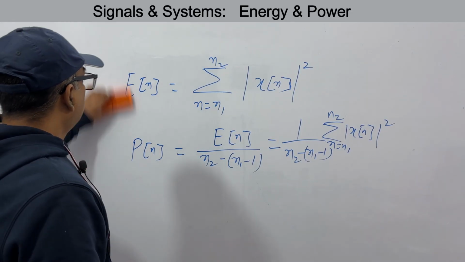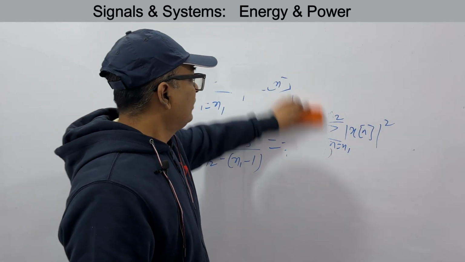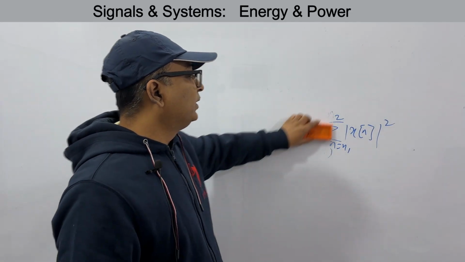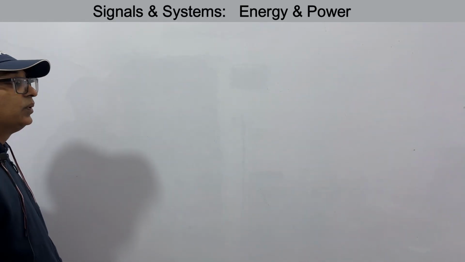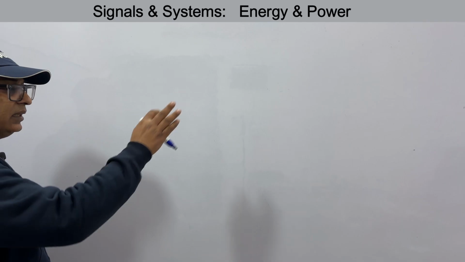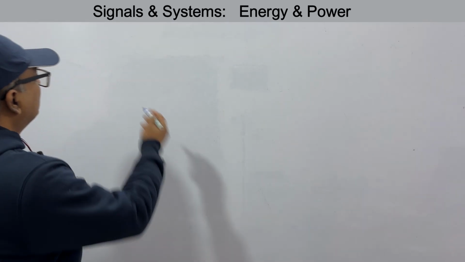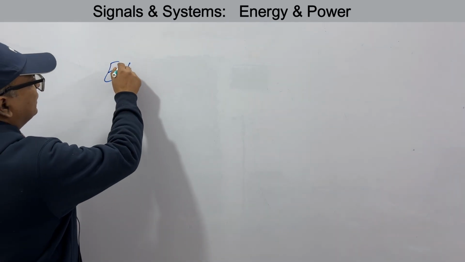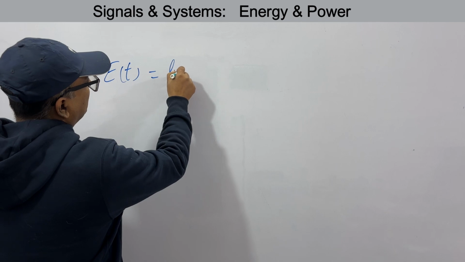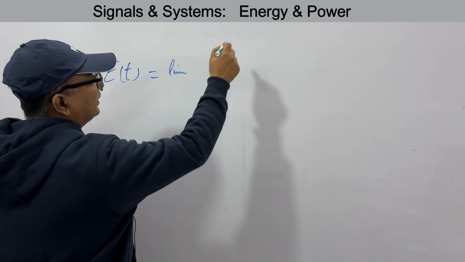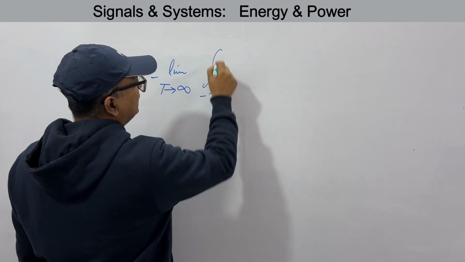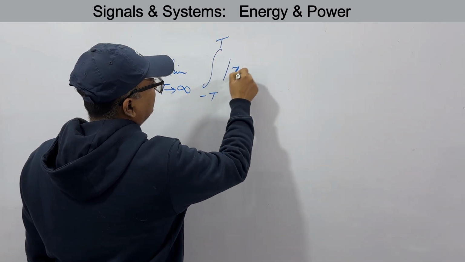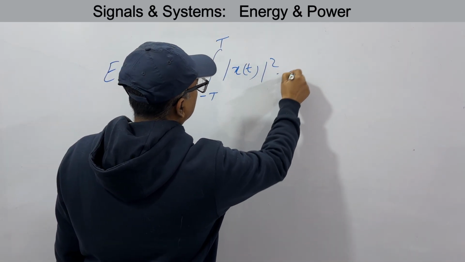Now what if we have to take from minus infinity to plus infinity? Here we have taken from T1 to T2. What if this signal is for infinite time? Nothing much here. What we'll do, let's write T1 and T2 as minus T and T. So T tending to infinity, this is integral from minus T to T of |x(t)|^2 dt.